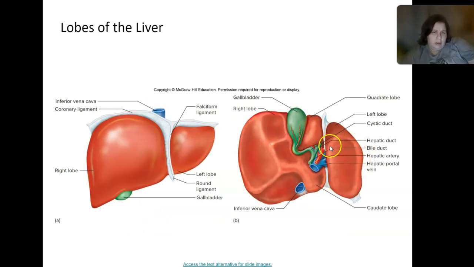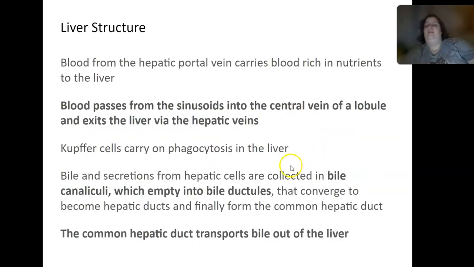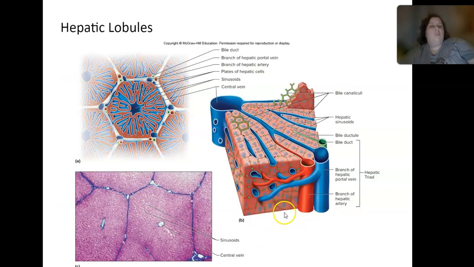Here's a very tiny picture. It's right here, very hard to see. That common hepatic duct transports bile out of your liver. I'm going to talk about what bile is and what its purpose is in just a little bit.